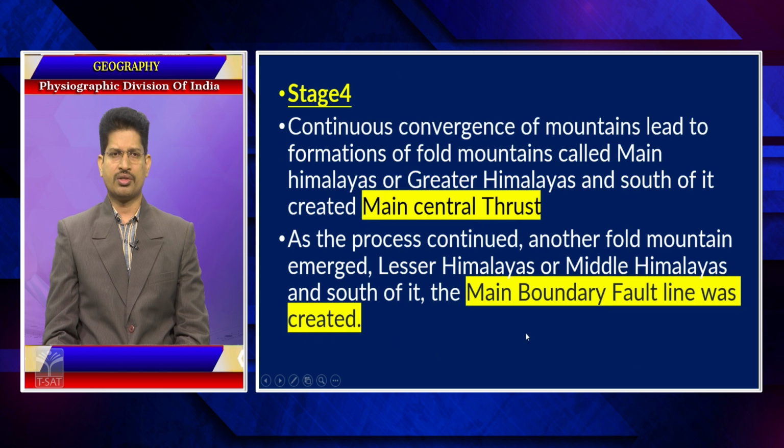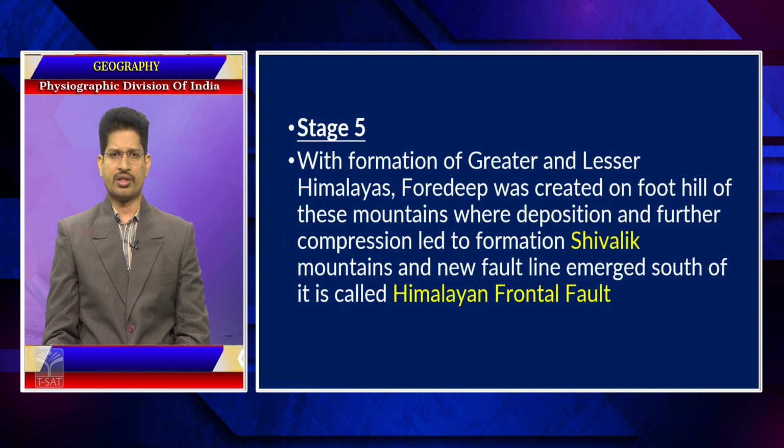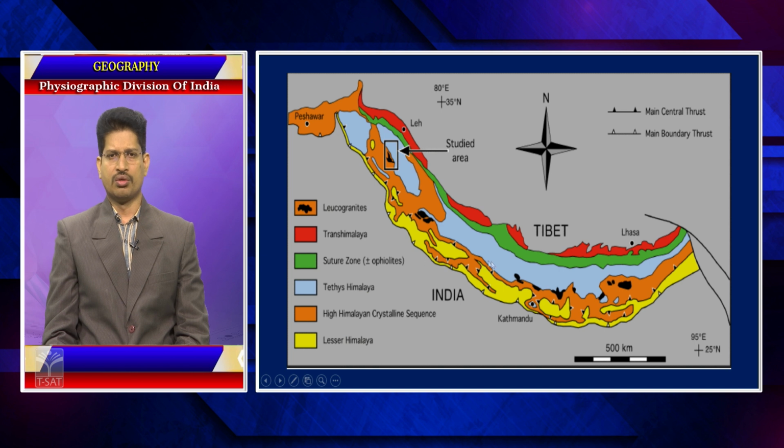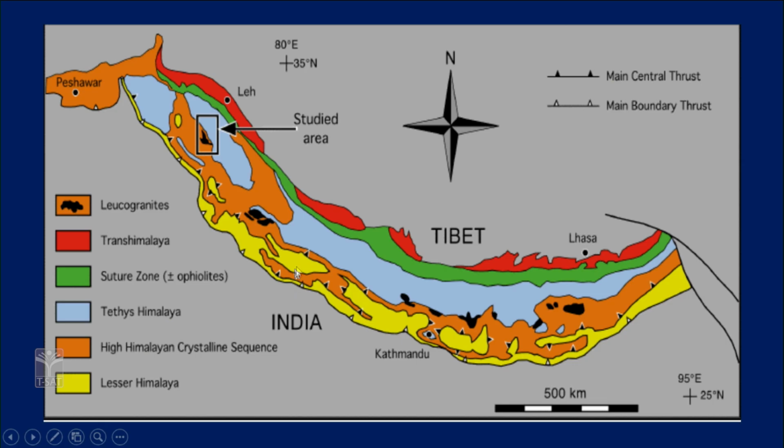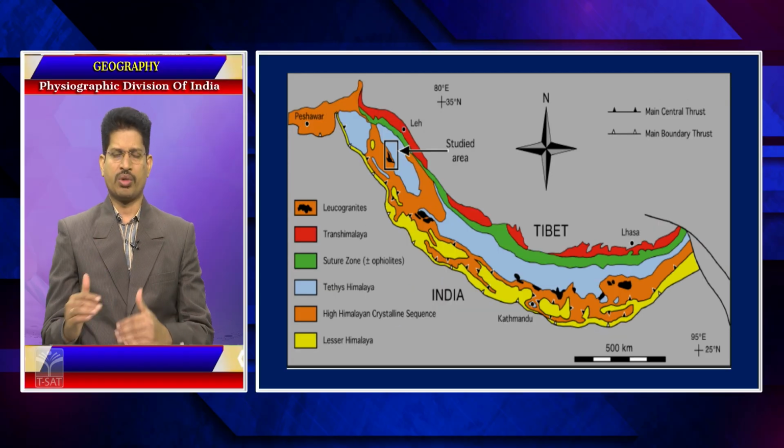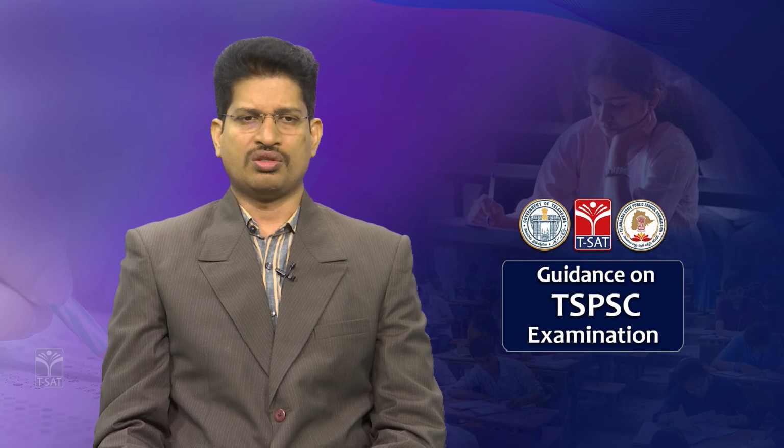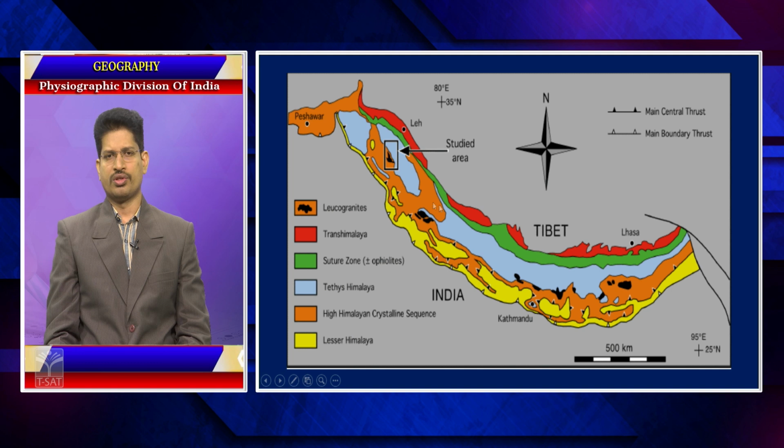In this stage 3, you can observe the differences here. There is a sea existing between the Eurasian plate and the Indian plate. This sea is known as Tethys, the Tethyan Sea, the blue color. The Tethyan Himalayas is the next stage.